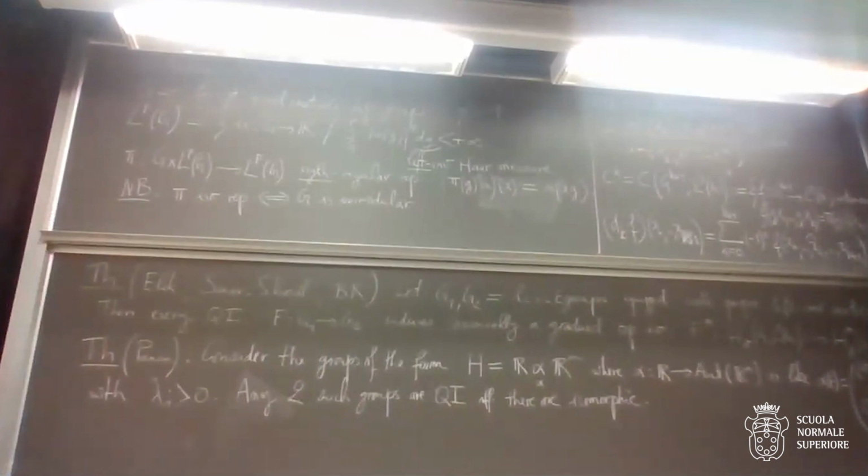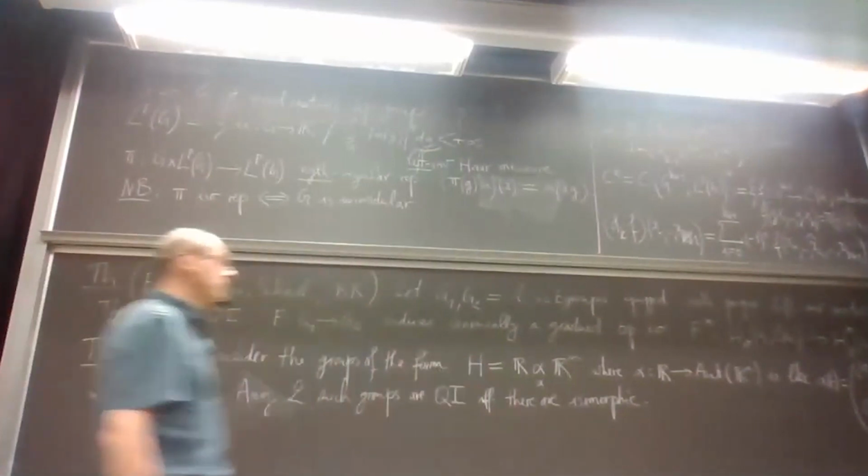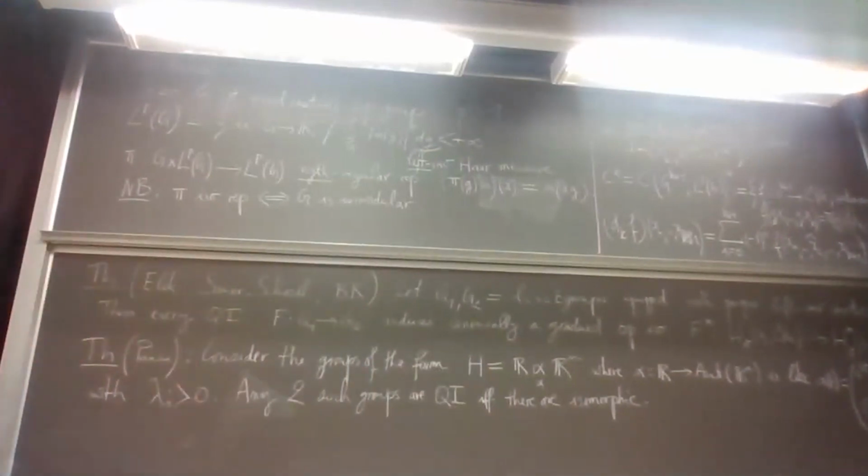And so H has negative curvature, so it's a Lie group of negative curvature, so it's called the Heintze group.